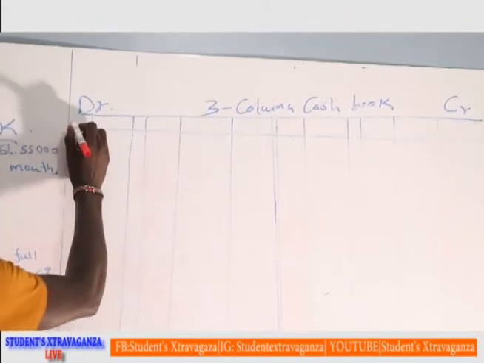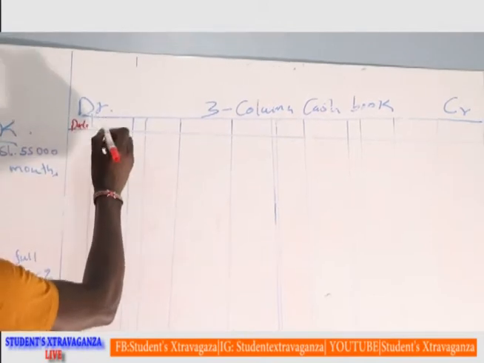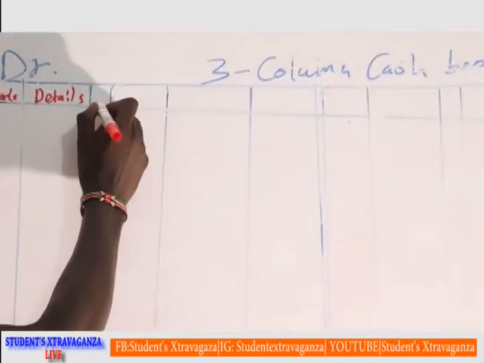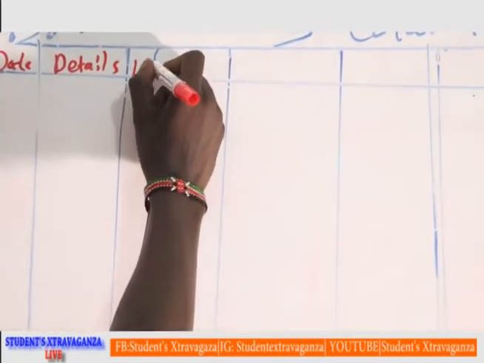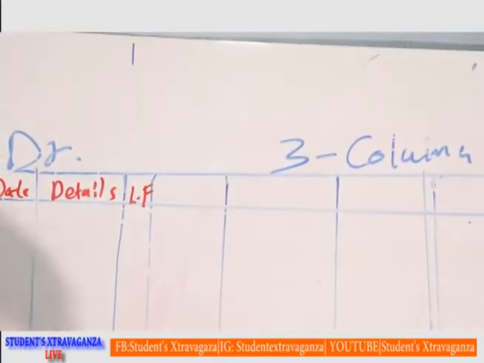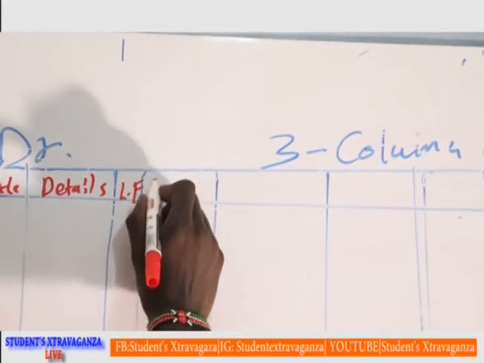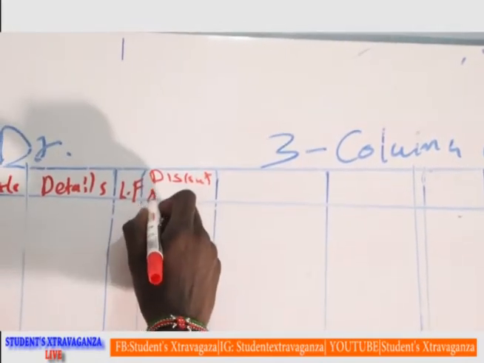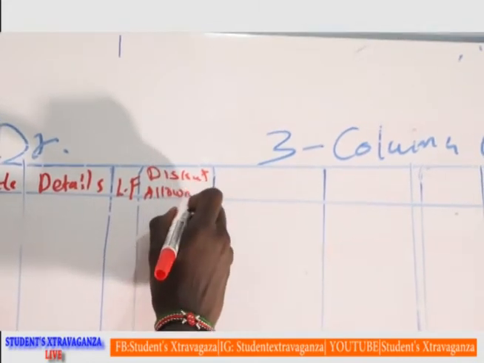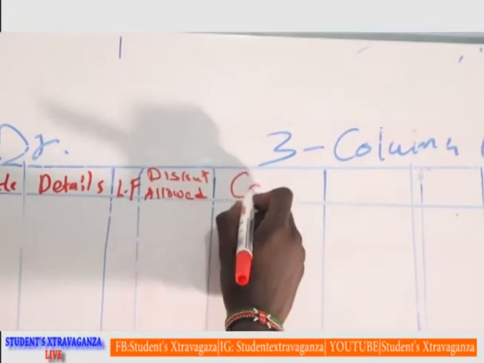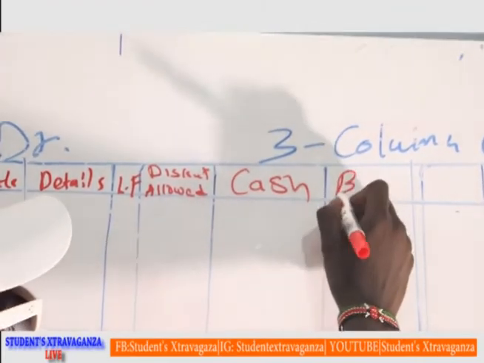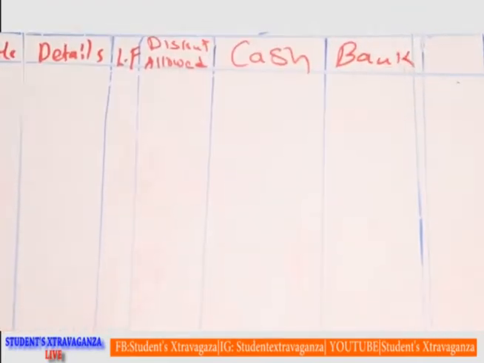This column is for the date. We have details or particulars. We have folio, ledger folio. Then we have discount allowed. Then we have cash account. Then we have bank account.